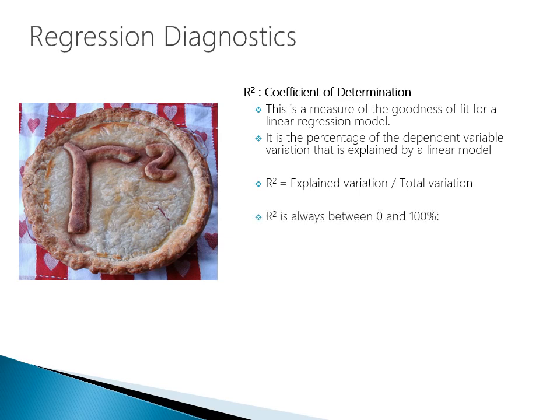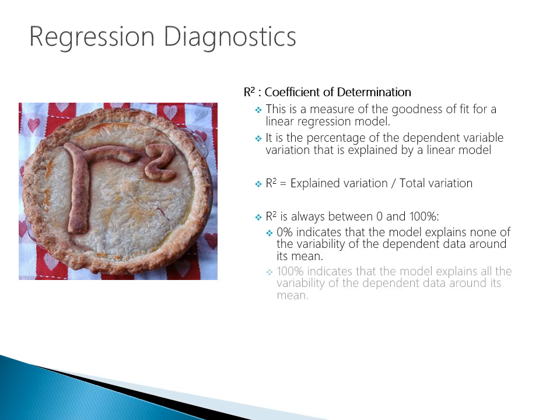R squared is always a number between 0 and 100%. 0% indicates that the model explains none of the variability of the dependent data around its mean. 100%, on the other hand, indicates that the model explains all of the variability of the dependent data around its mean.